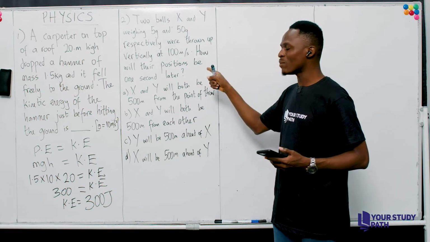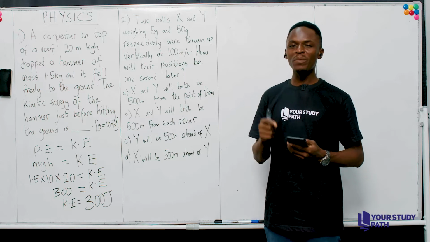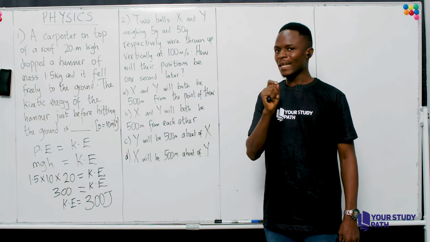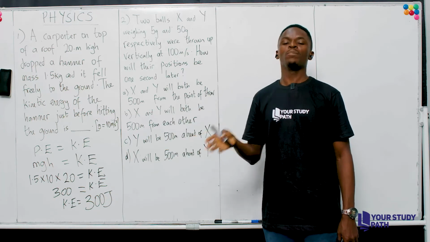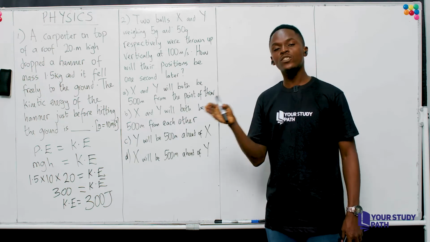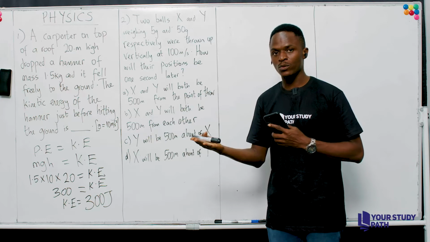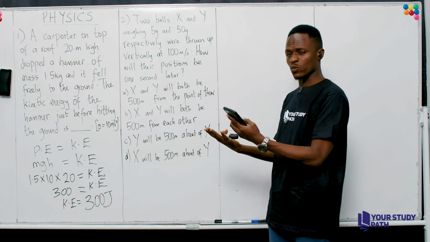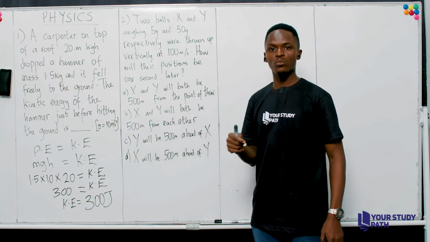If you are going to determine what the position is going to be after 1 second, then you'll be making reference to Newton's equations of motion and never Newton's laws of motion. Because Newton's equations of motion explain the kinematic aspect of physics, while Newton's laws of motion explain the dynamics, meaning we take into consideration the force causing the motion.